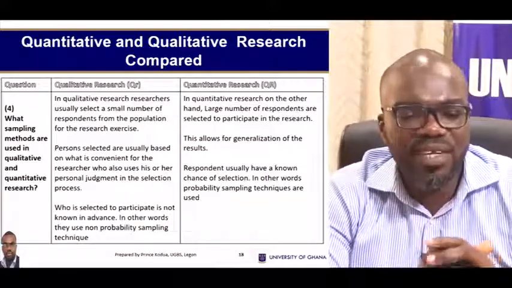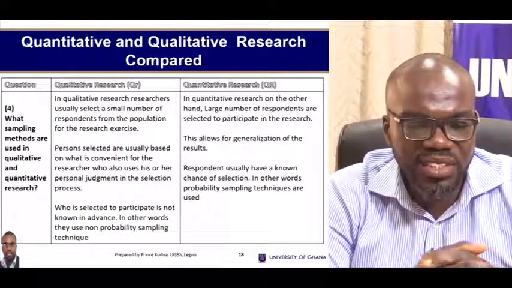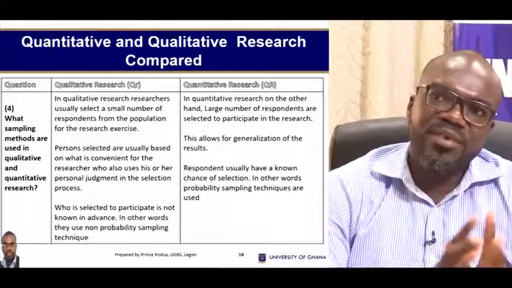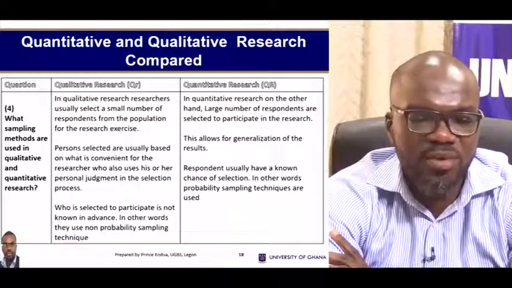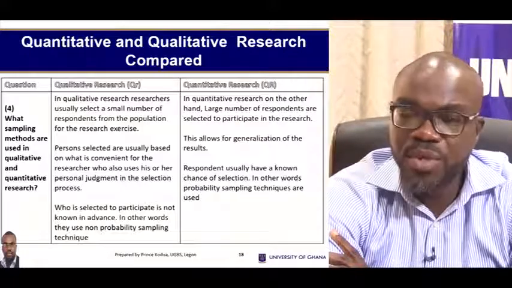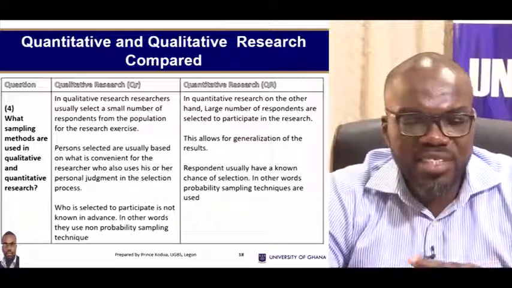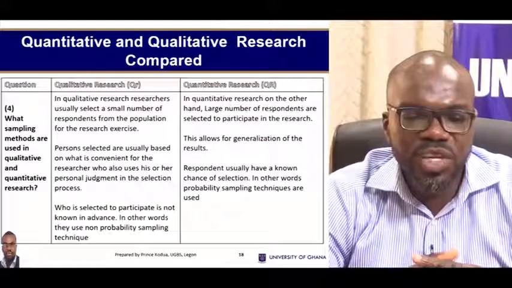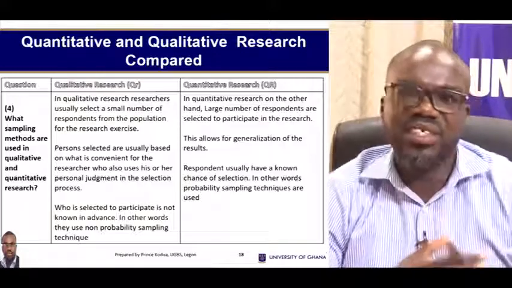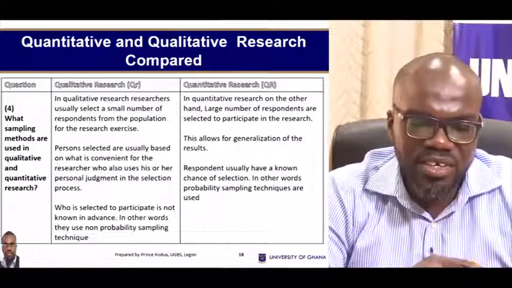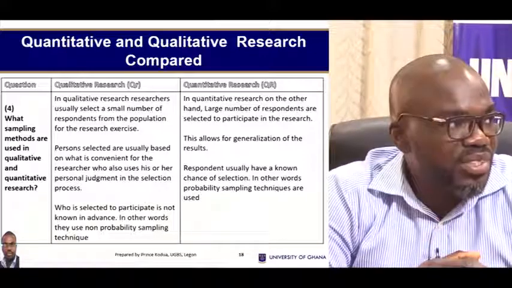Before we explain that, let's look at the fourth question. What sampling methods are used in qualitative and quantitative research? I'm saying that in qualitative research, researchers usually select a small number of respondents from the population for the research exercise. These persons who are selected are usually based on what is convenient for the researcher, since the researcher is only exploring, who also uses his or her personal judgment in the selection process.